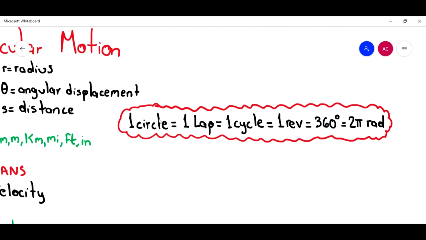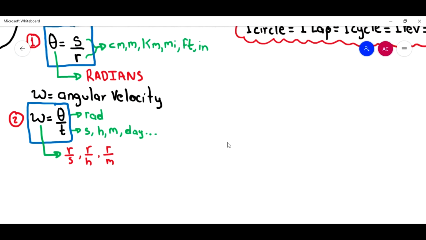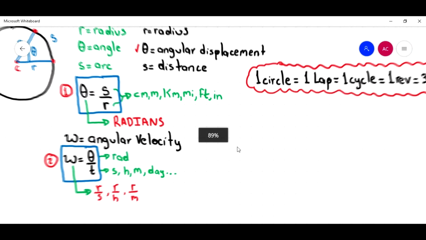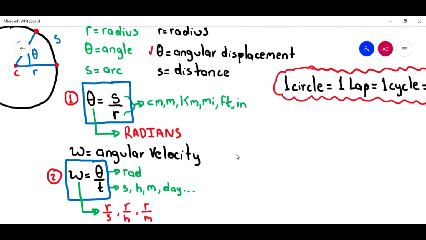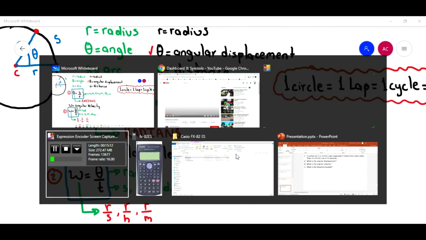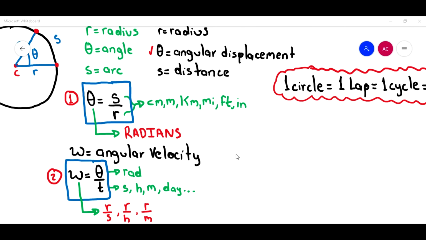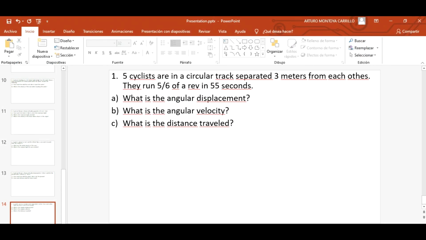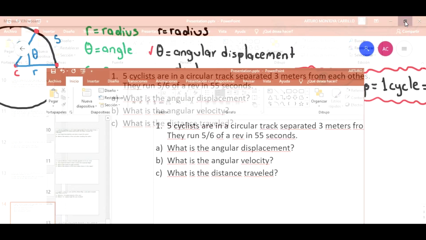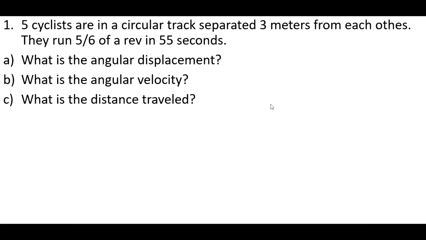They could be using one word such as circle, lap, or cycle. It could be many things, just like the next example that we're going to see. If you want to write it down, that would be very good.